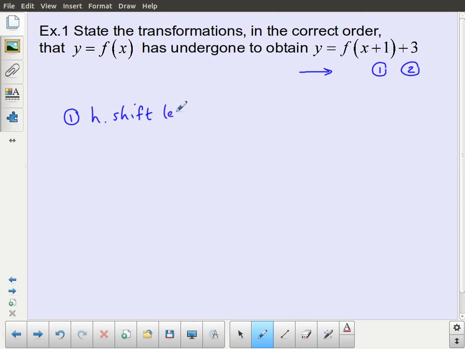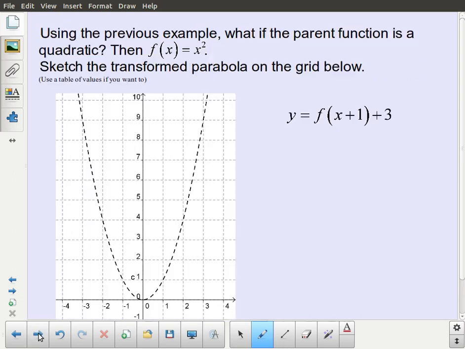So this is a horizontal shift left by 1. And then we get to transformation number 2. This is a vertical shift. And this time, plus here would mean up. So this is a vertical shift up by 3.